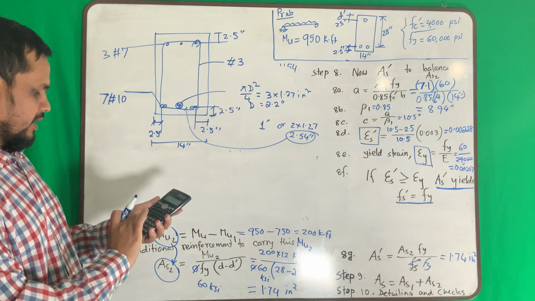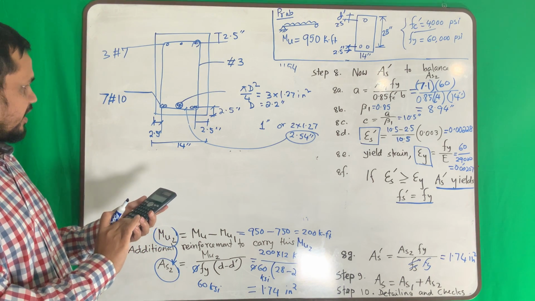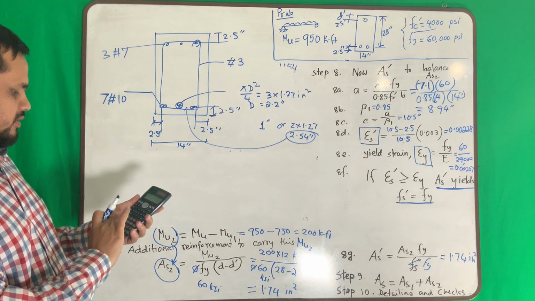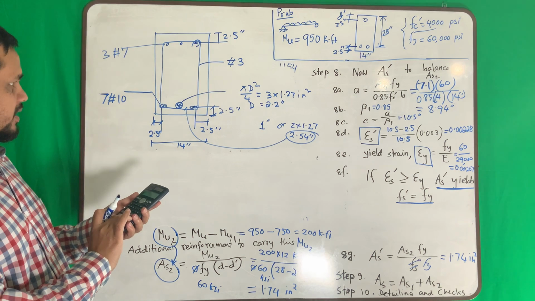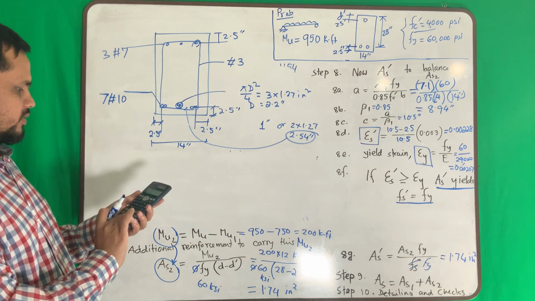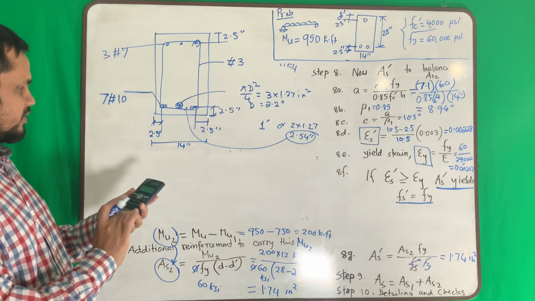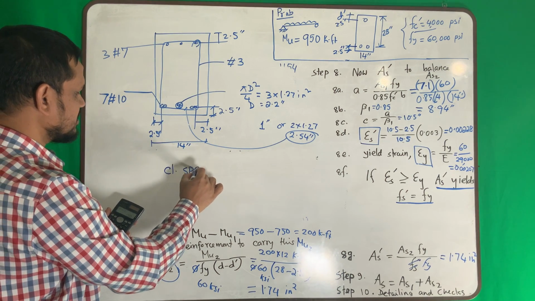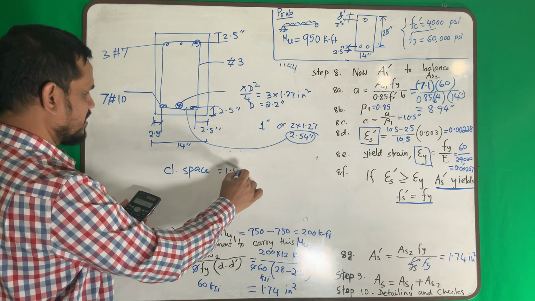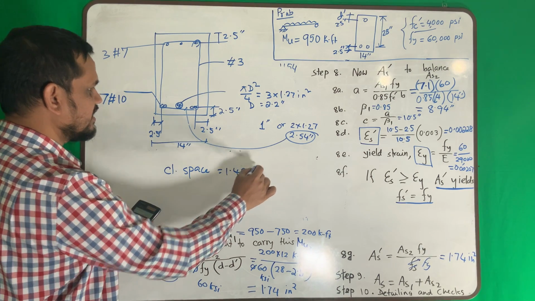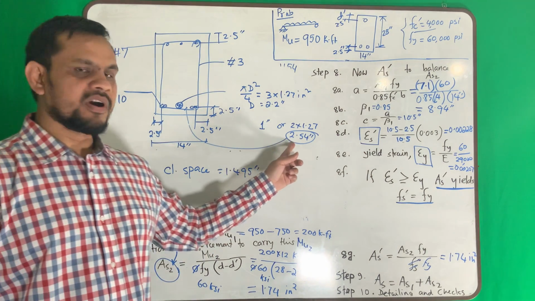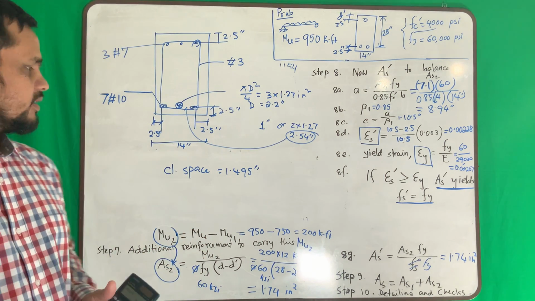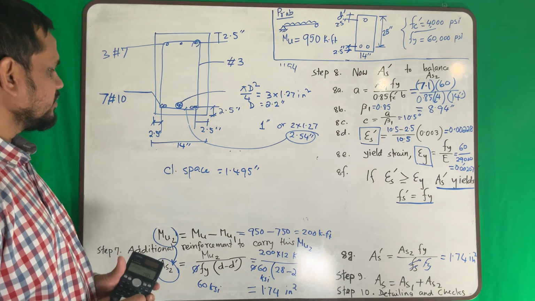So 14 minus 2, 2.5, minus 3, 1.27, minus combined diameter 2.2 divided by 2 is, I got this clear space 1.495 inch. I need at least 2.54. So it did not meet my criteria. Then what will I do?